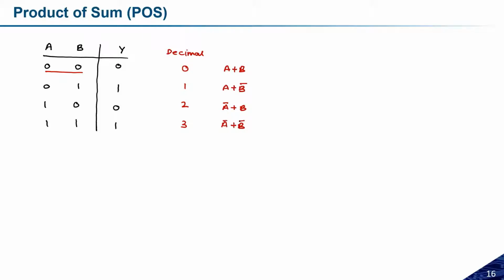Second thing, if I talk about the max term, it will be capital M0, capital M1, capital M2, and capital M3. For min term, small m is used, and here I need to use the capital M. So this is how we can represent the max term.